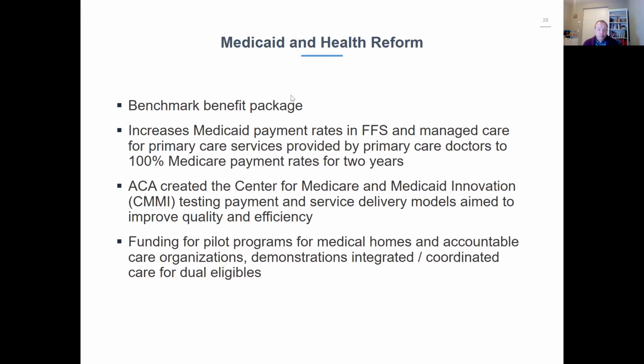Also funding for pilot programs for medical homes, accountable care organizations. A good bit of my work in Medicaid has been around Medicaid ACOs, demonstration projects, and around integrated and coordinated care for dual eligibles. So just a lot of new things going on that really, I think, add to the vitality, but again, also the heterogeneity of the Medicaid program.